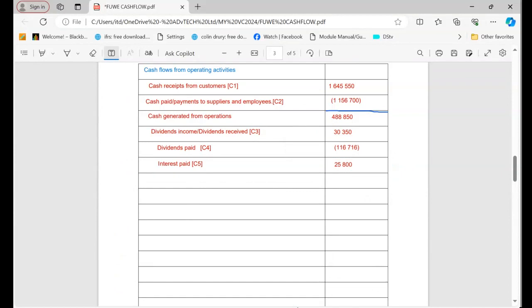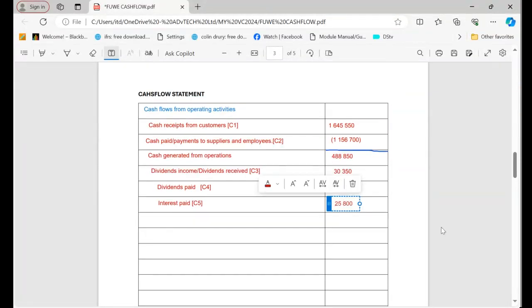But you need to ask yourself, is it an outflow or an inflow? Is money coming in here, or is interest being paid? It's money going out. So I must show that it's going out. I need to bracket this.